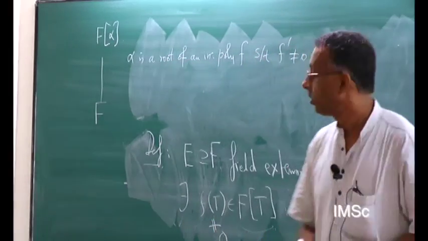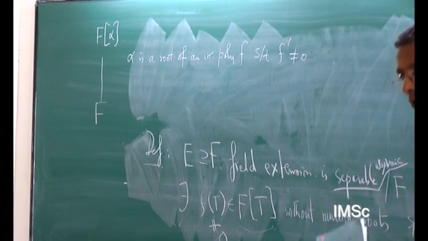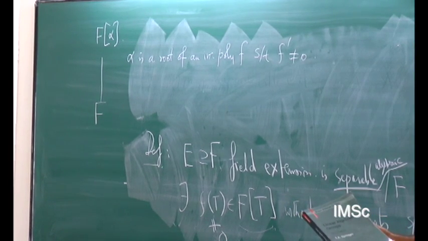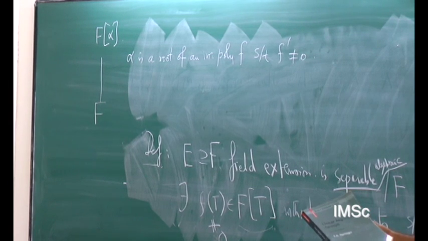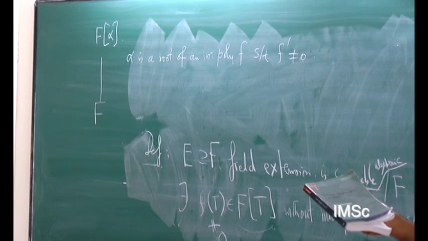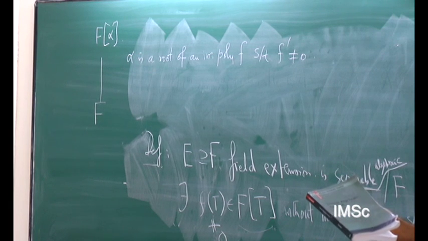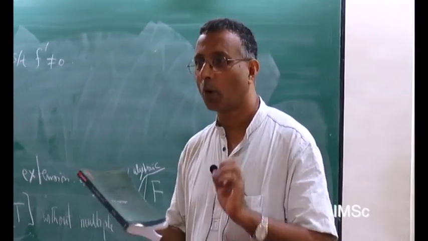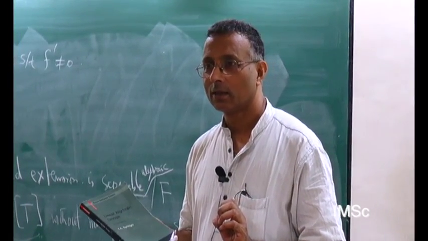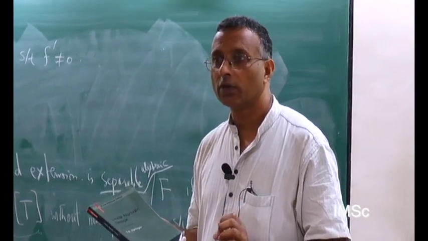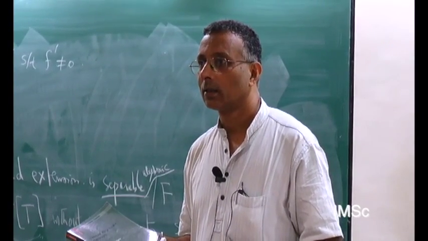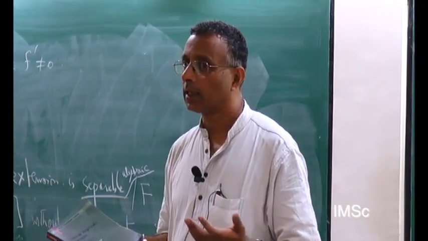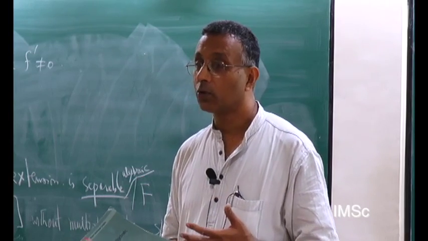Then I know that f has no repeated roots. Question: is this going to be separable? Alpha itself is okay. But the problem is, if I take alpha plus 1, for example, how am I sure that its irreducible polynomial has no repeated roots?